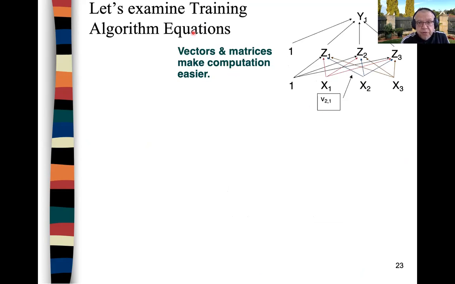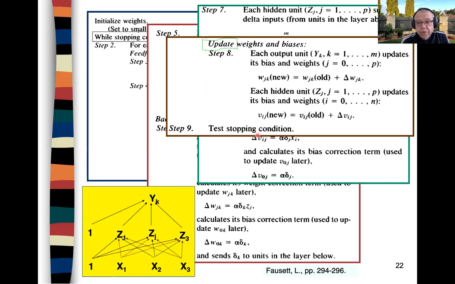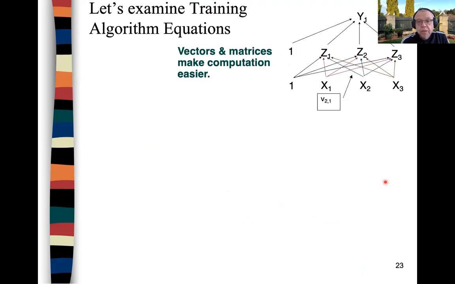Let's examine the training algorithm equations. So in this case, instead of writing with just numbers and so on between two nodes, we can write the whole thing in terms of vectors and matrices. So you have here your input. So this is V21.